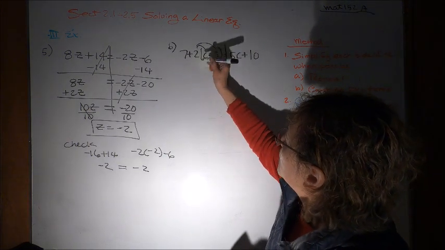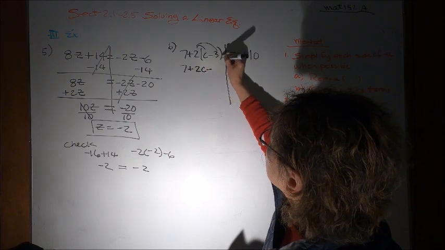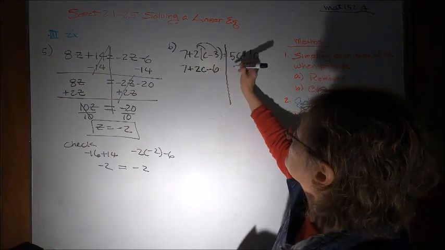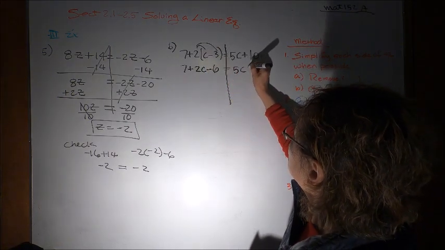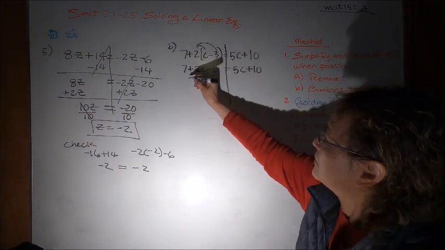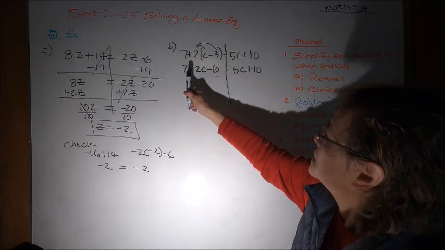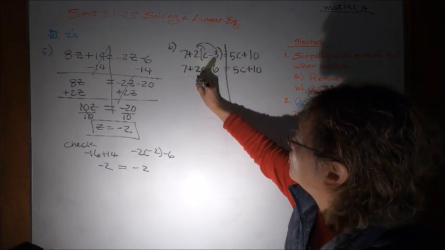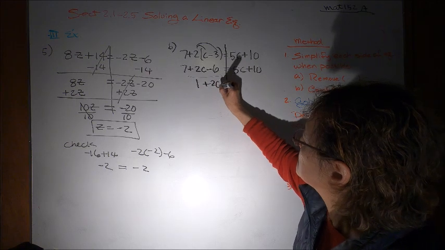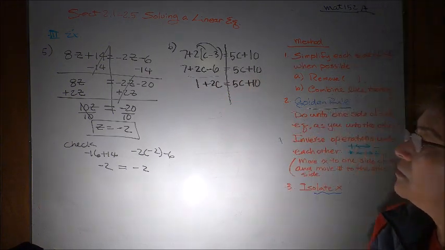So that would be what? 7 plus 2c minus 2 times 3, 6. On this side would be the same. Then after this, you will combine like terms. So 7 minus 6 is what? 1, and 2c equals 5c plus 10, right?